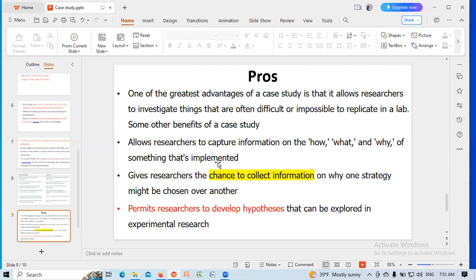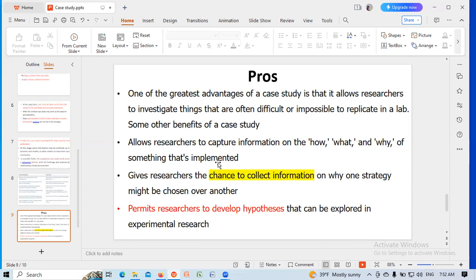Some advantages and disadvantages of case studies. One of the greatest advantages of the case study is that it allows researchers to investigate things that are often difficult or impossible to replicate in a lab.